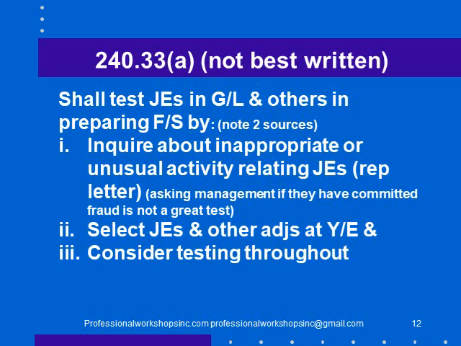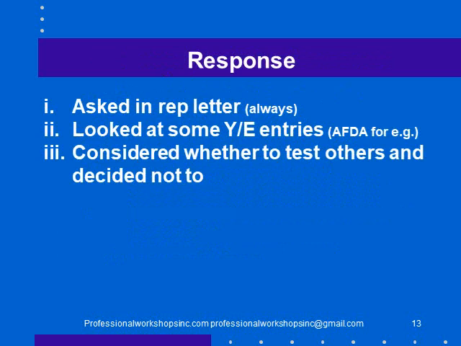Because then the second thing we do is we select journal entries and other adjustments at year end and test those, and then consider testing throughout the year. So I asked in the rep letter, and I always do that, I looked at some journal entries at year end, allowance for doubtful accounts, some annual depreciation entry.